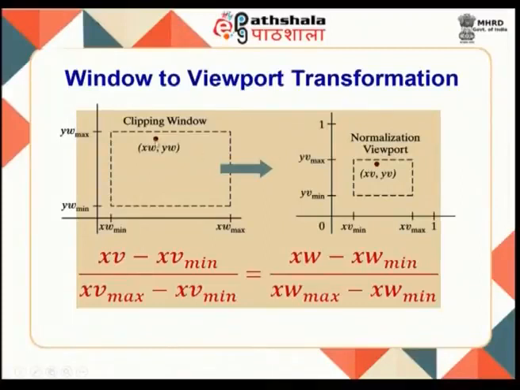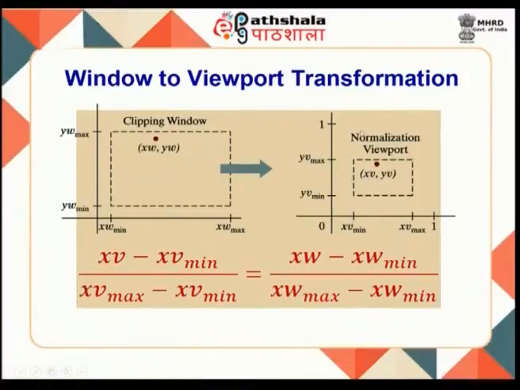Now, given a point xw, yw in the window, see this red dot indicating a position, what is its equivalent point in the viewport, assuming the viewport has different dimensions? For a point xw, yw in the window, what is the equivalent point xv, yv in the viewport? So we have to find a mapping between xv, yv and xw, yw.